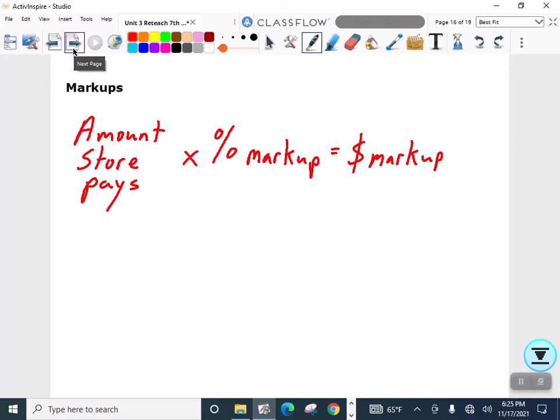Markups. The amount the store pays times the percent of the markup that the store is going to add to what they pay. So we want to determine the percent markup in decimal form, and that will give us the dollar value of the markup.